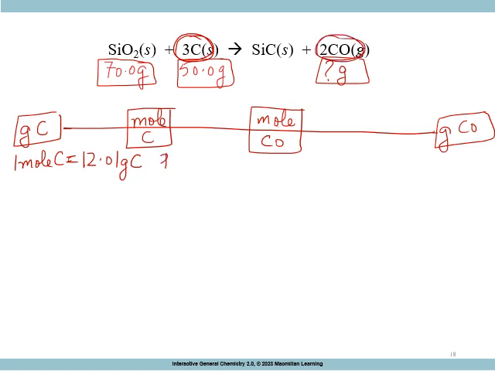So for every 3 moles of carbon, I get 2 moles of carbon monoxide. Next, I go from moles of carbon monoxide to grams. For that, I need to find molar mass of this. 1 carbon is 12.01 plus 16.00 for 1 oxygen. Total is 28.01 grams.